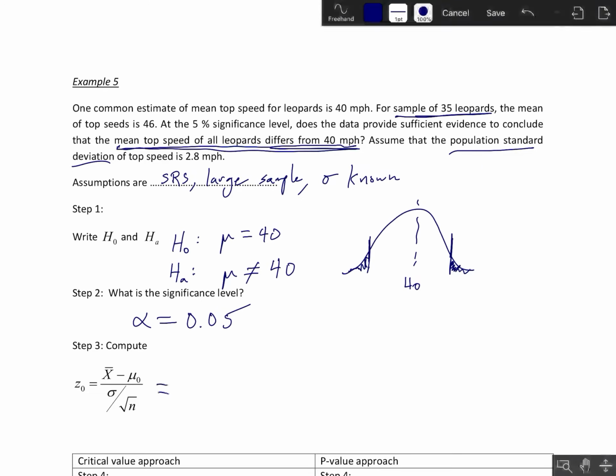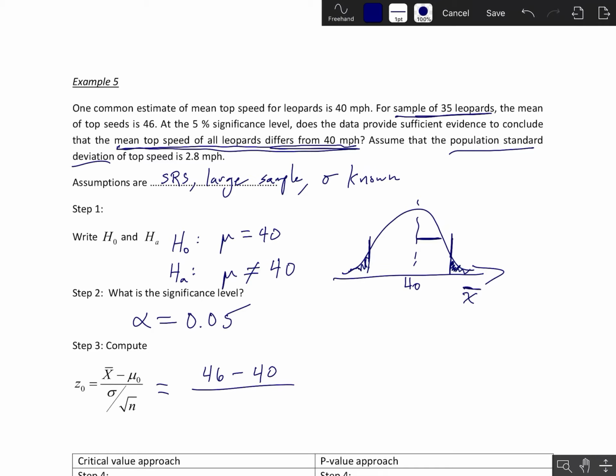So now we can move on to step 3, which is to compute the z-score that we're interested in. Here the sample mean that we got was 46 miles per hour. And then we subtract off the mean from the null hypothesis, which is 40. And then we should be dividing that by the standard deviation that we get in this picture.